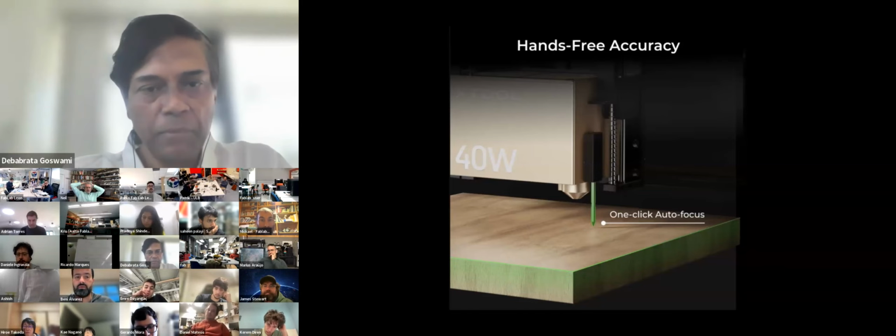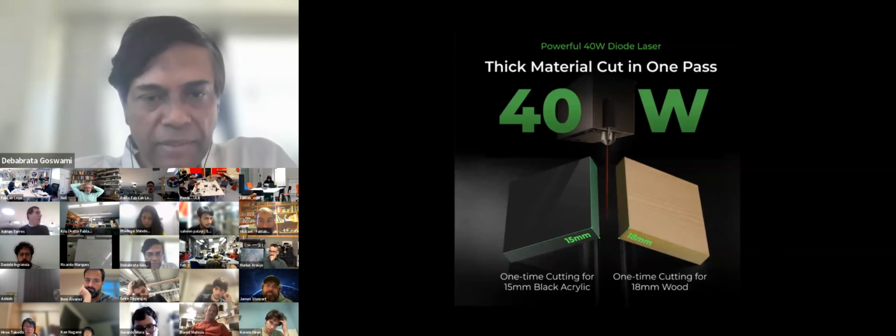So there are many ways where this one has become very useful. Next slide, please. So with the 40-watt laser, you can have 15 millimeter of acrylic and 18 mm of wood. Slightly less than the other one, which is 55 watt. Next slide, please. And it also allows a large size to be worked on. Next slide, please.